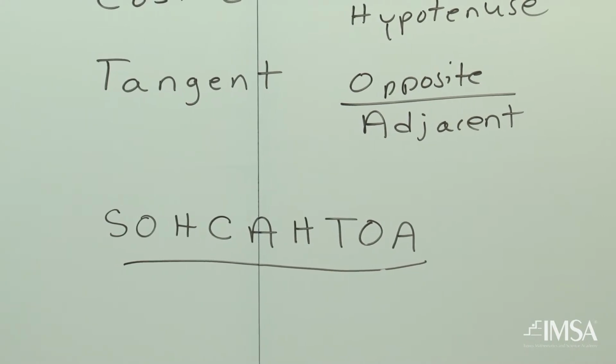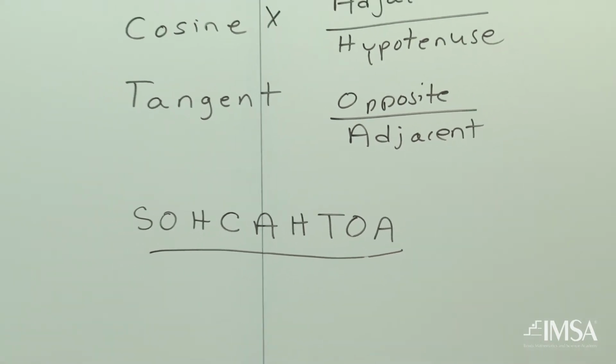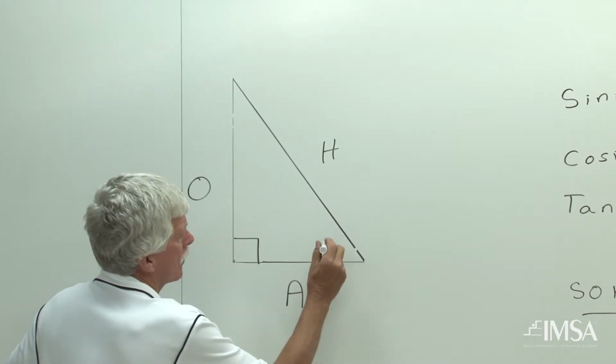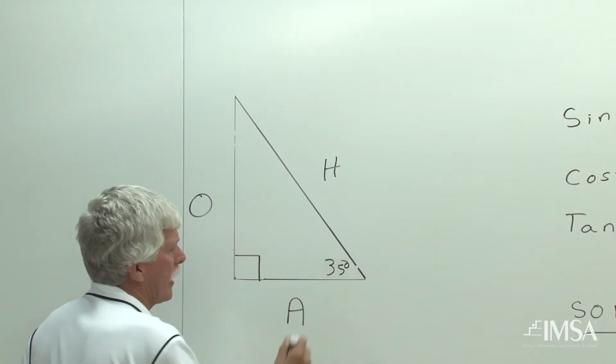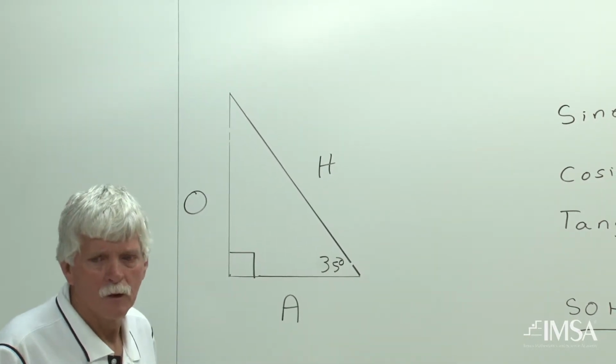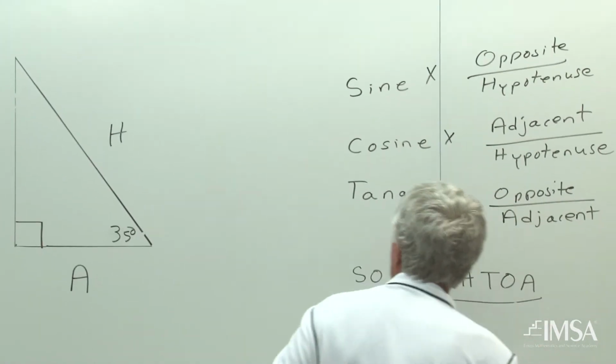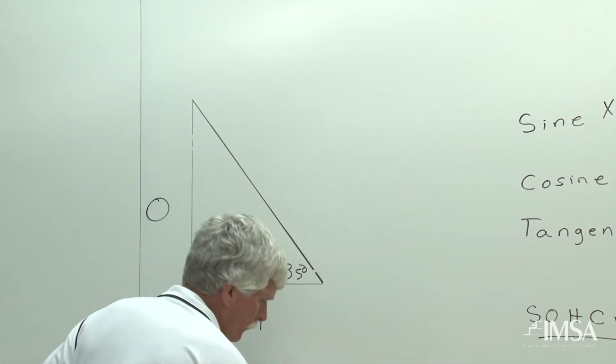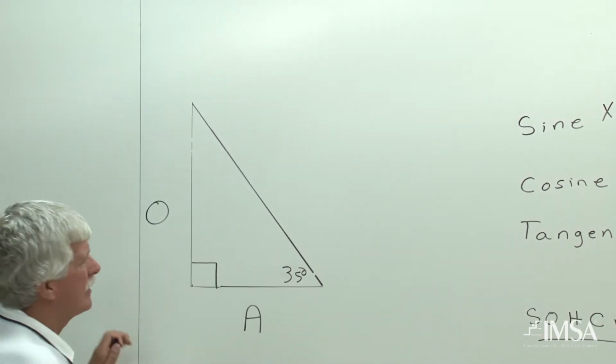Now, how does this work? Well, let's substitute in some numbers and we're going to use them over here. Let's call it a 35-degree angle, just for the time being. We're going to say the hypotenuse is 10.